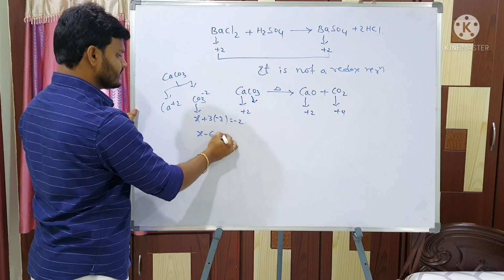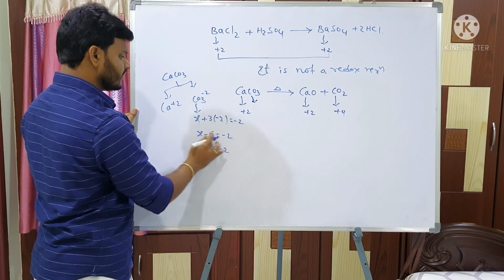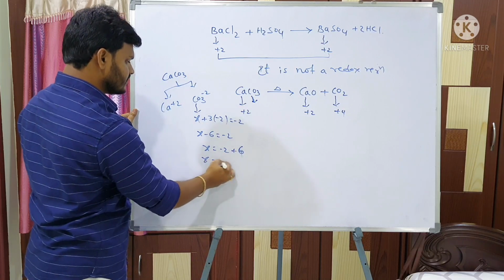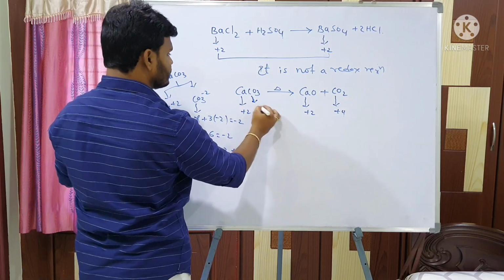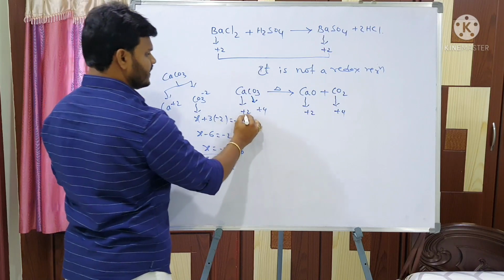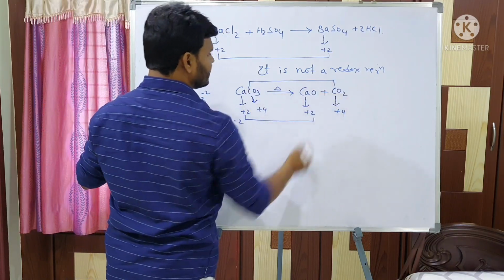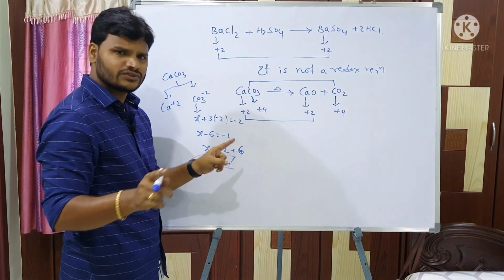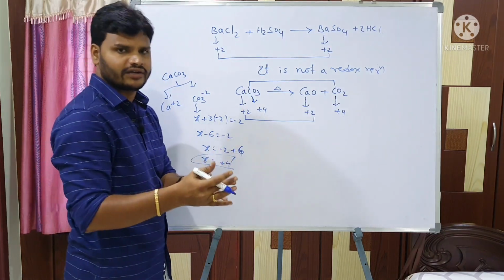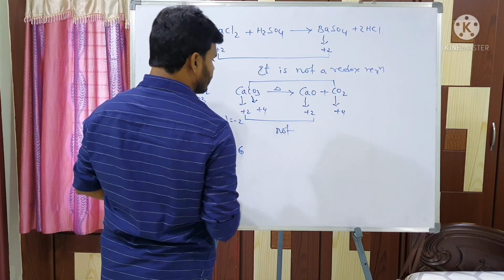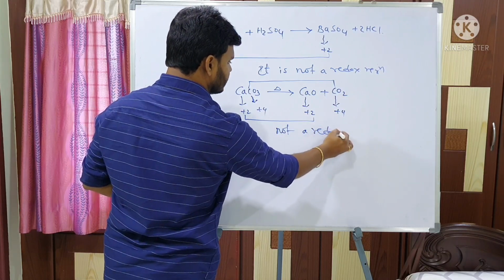So X minus 6 equals -2, X equals -2 plus 6, that is +4. So here also carbon gets +4. So Ca +2, again Ca +2, carbon +4, again carbon +4. There is no change in oxidation state from left to right, that indicates it is also not a redox reaction.